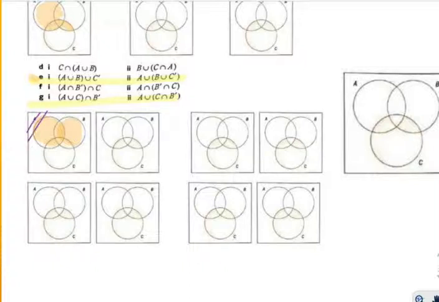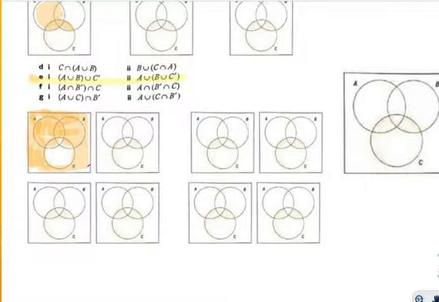C complement is everything outside C. So if we union the orange part with the purple part, you can see that the only thing that's not covered is the white part. If we were going to color that in, it would be this, plus everything outside C. So basically it would be like that. Okay?